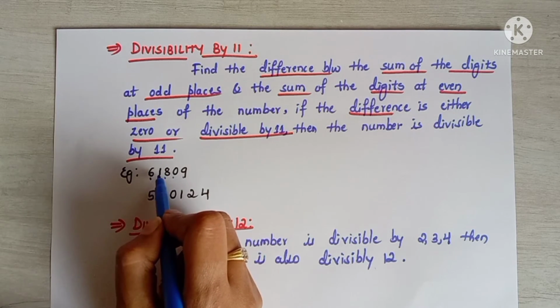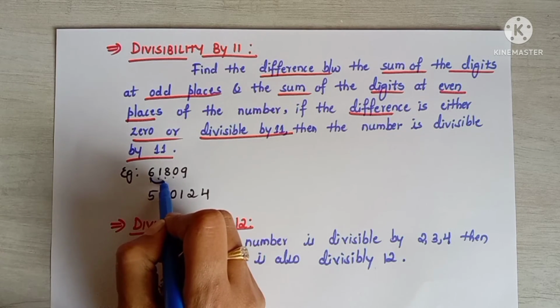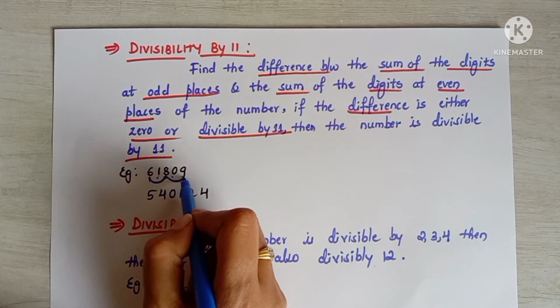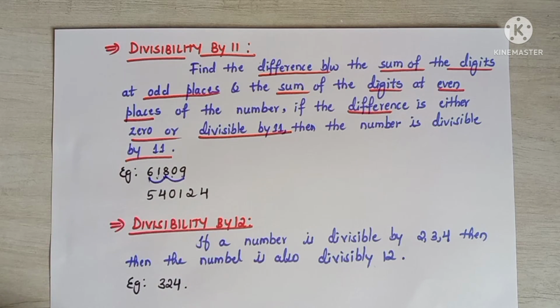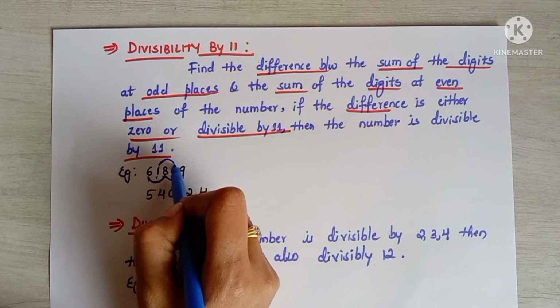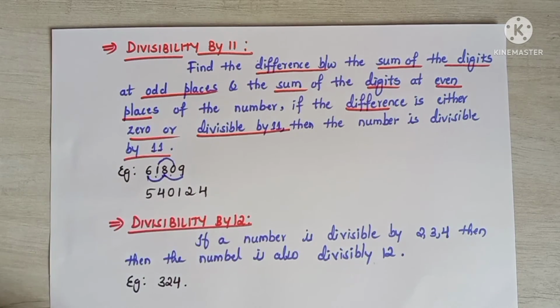The odd places are 1st, 3rd and 5th, and the even places are the 2nd and 4th places.